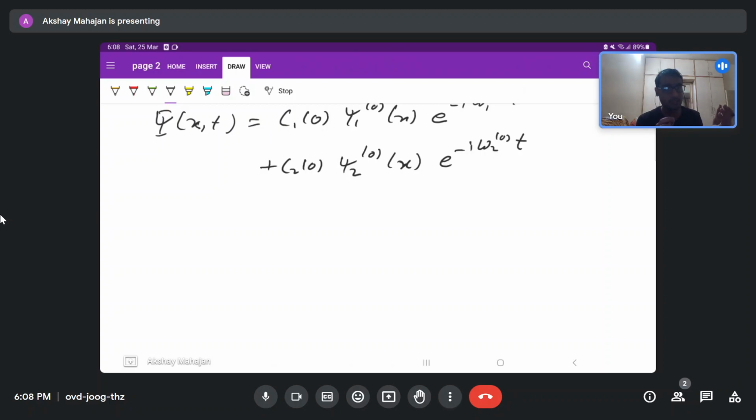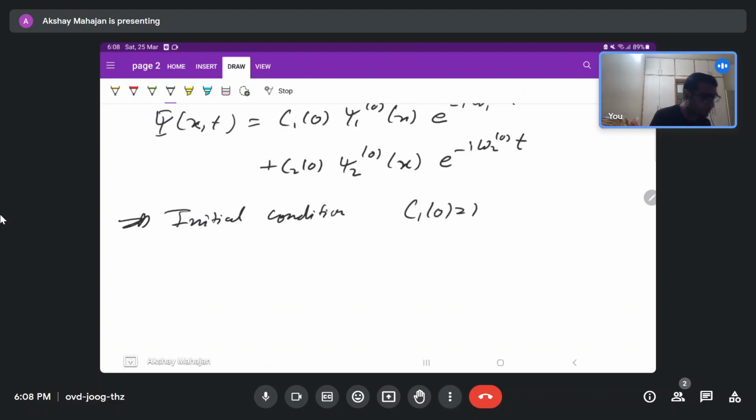We will consider our initial condition. Let's say we have two degenerate states. Initially C1 of 0 equals 1, so we are initially in state 1, and C2 of 0 is equal to 0. So the probability of finding the system in state 1 will be 1.